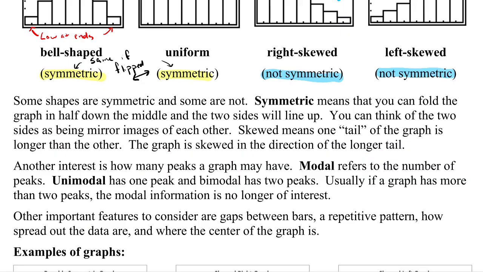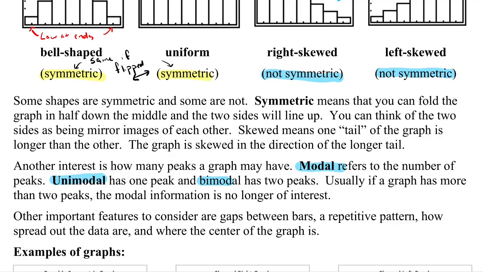There are a couple of other things we're going to talk about when we talk about the shape of a distribution. One thing we'll want to look at is how many peaks it has. We call that modal. A unimodal distribution has one peak. A bimodal distribution has two peaks.